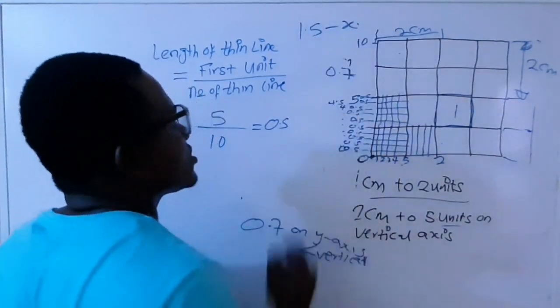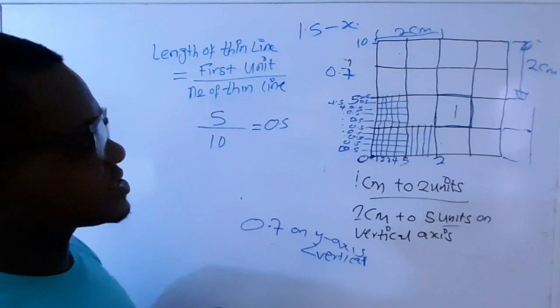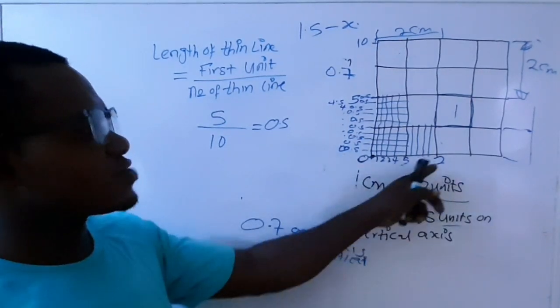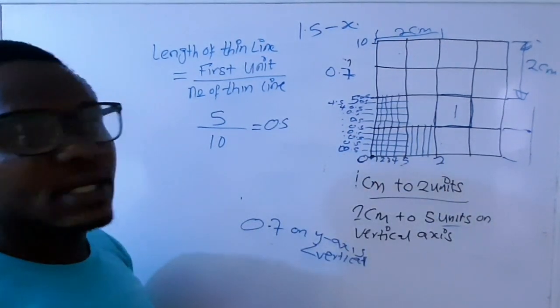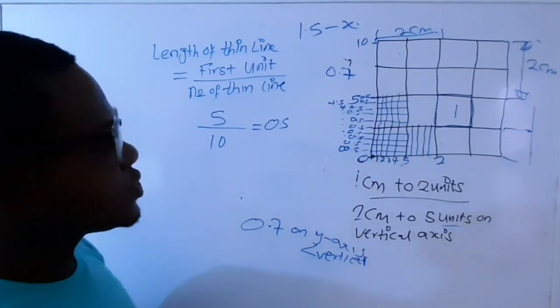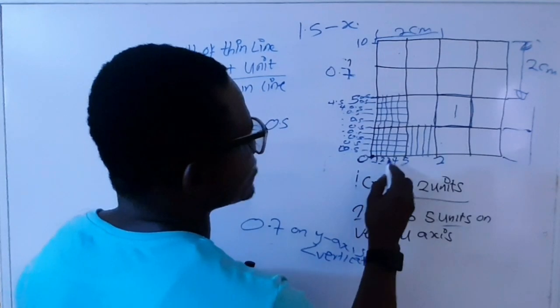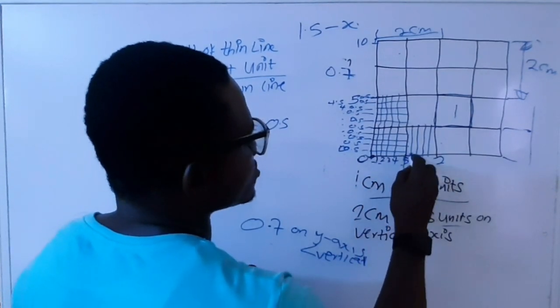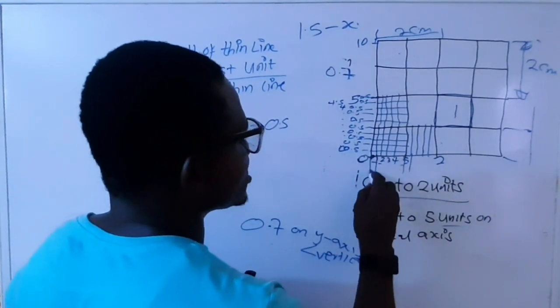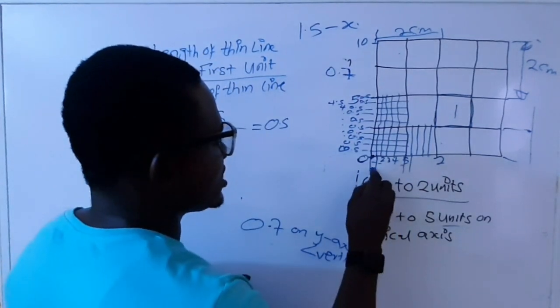I'm looking for 1.5 on the x-axis, and this is 0 and 2. So I don't even know where 1 is. Are you getting me now? So how do I know the length of this thin line, the distance between here and here? How do I do that?